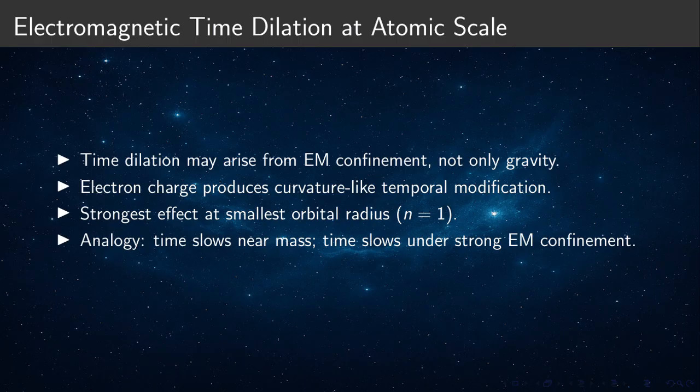In this interpretation, the electron's charge produces an effective curvature-like structure that modifies the temporal evolution of its bound state. Analogous to the Schwarzschild solution, where time slows in the vicinity of massive objects, the electromagnetic analog implies that temporal dilation arises in regions of extreme charge density interaction.